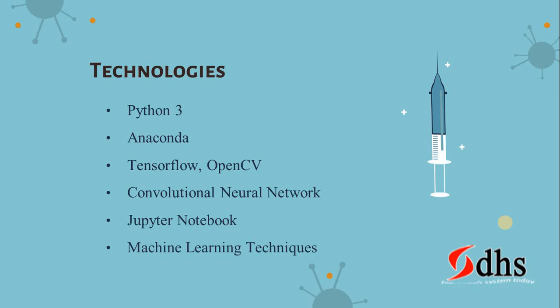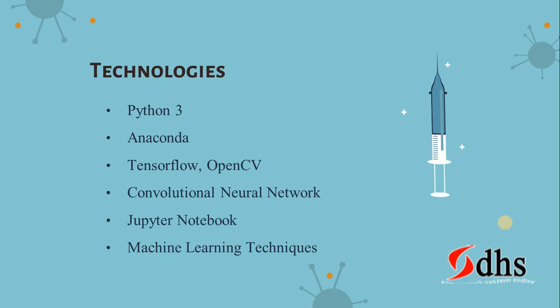Used technologies: Python 3, Anaconda, TensorFlow, OpenCV, convolutional neural network algorithm. So CNN based algorithms we can use here. Usually tabular numerical data is two-dimensional array data, so we can go with the one-dimensional layers.